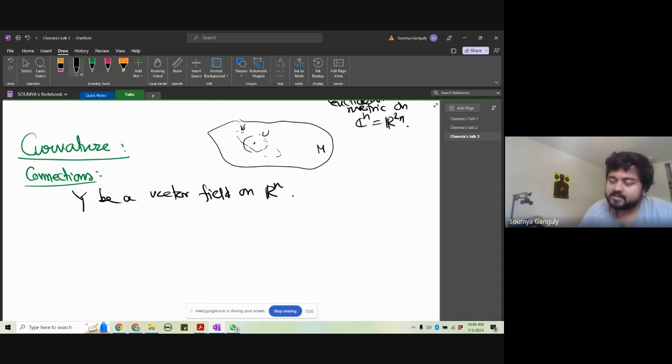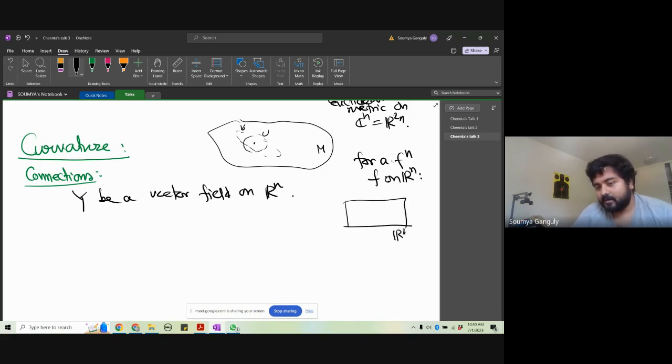First of all, for a function f on Rn, we can talk about the directional derivative of the function along a direction v. If v is a vector at a point P, you may want to know at what rate the function is changing in that direction.